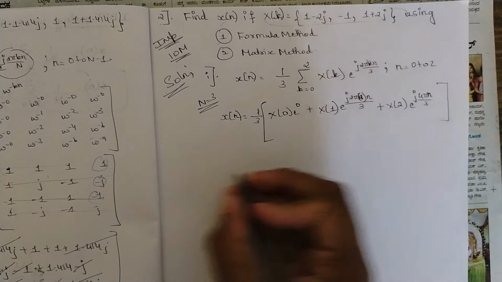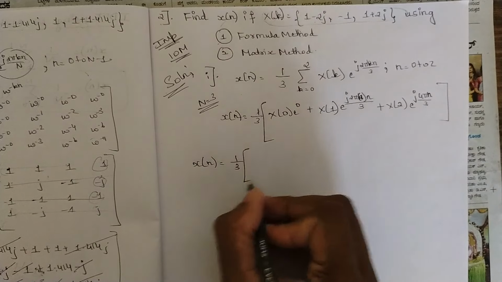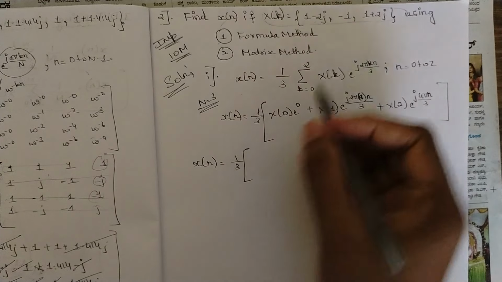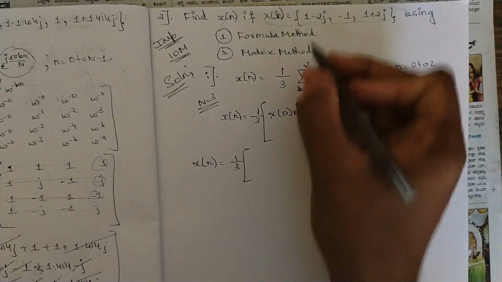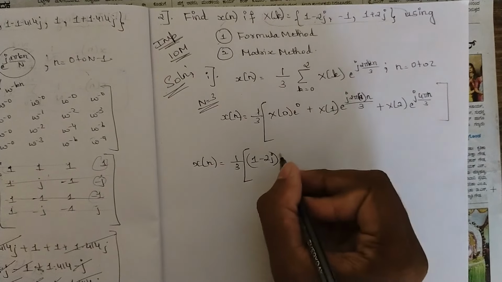Okay, so therefore x of n is equal to 1 by 3 into x of 0 e power 0 is 1. Substitute the value of x of 0, that is 1 minus 2j into 1.